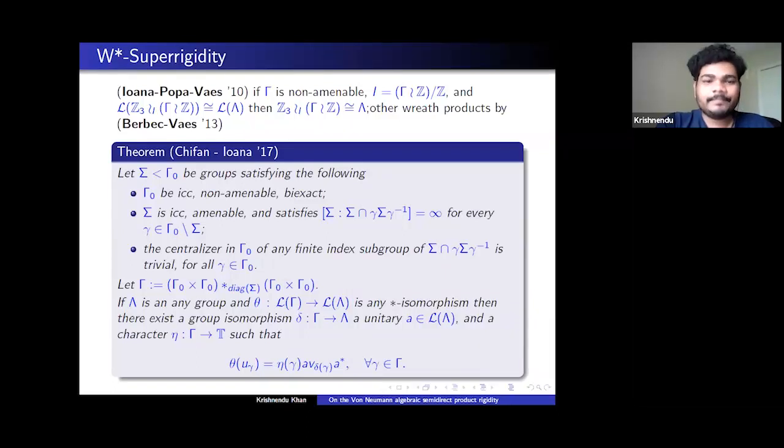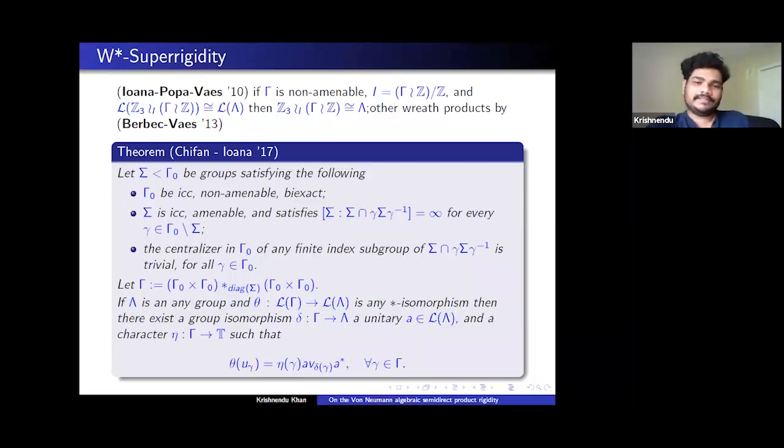So somehow, first you have to recover the algebraic feature, and then you somehow conclude that those two groups cannot be any different. I mean, somehow the same thing has happened for the first group. You show first that the group Lambda will have to be an iterated wreath product, and then you show that this group cannot be anything other than the group.